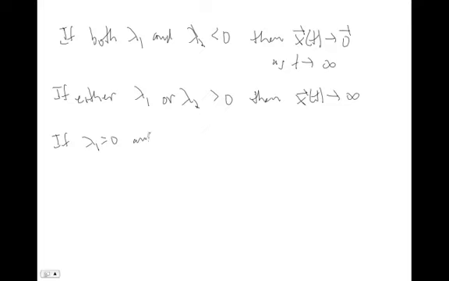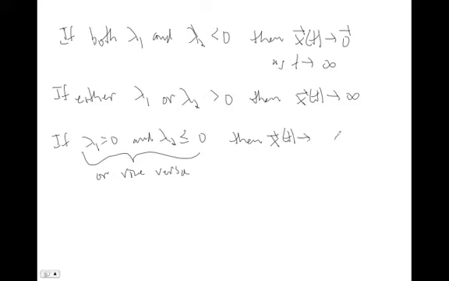And then if lambda 1 equals 0 and lambda 2 is less than or equal to 0, and this order doesn't really matter, so I'll just say or vice versa, then x of t goes to some constant vector.